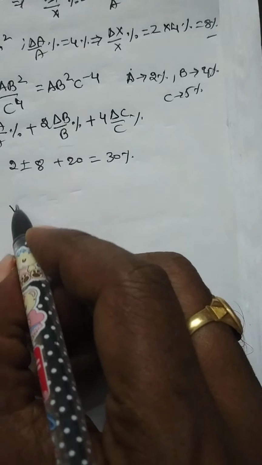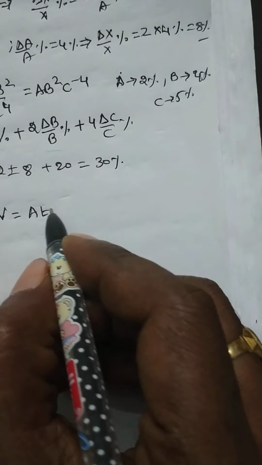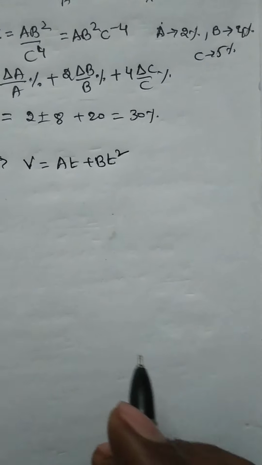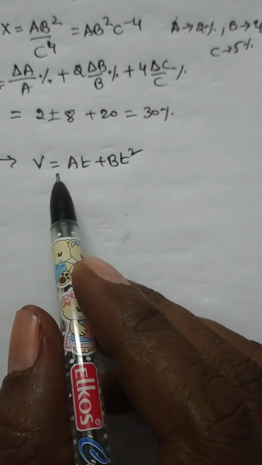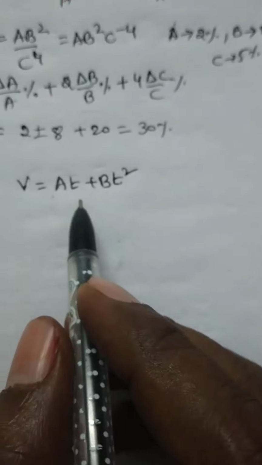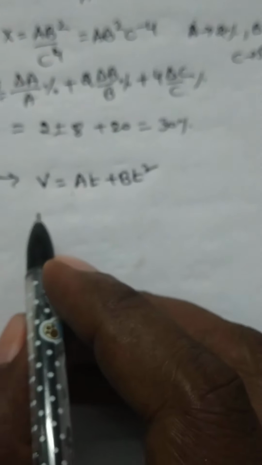So, other model problems like this. Now given A equal to AT plus BT square. Now find the dimensional formula for A and B. Means V is the velocity or speed, T is the time, and T square. Okay.